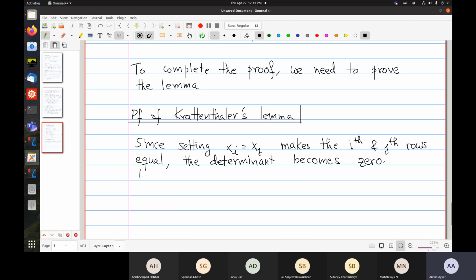So we get a factor, this usual Vandermonde factor, the product over 1 less than or equal to i less than j less than or equal to n of xi minus xj.